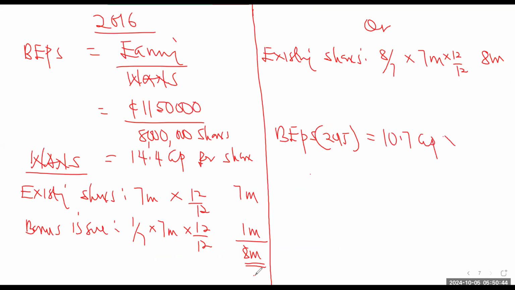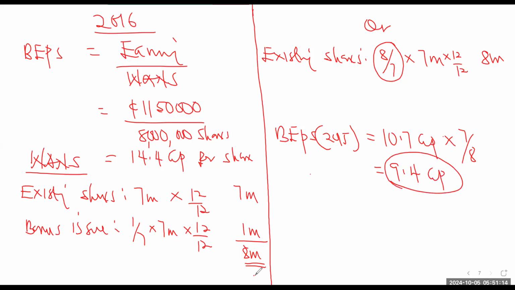So you have to restate this one. That will give us 7 over 8. The bonus issue fraction, which is 8 over 7, you change it down. So what are you going to be having? 9.36, which will give us 9.4 pesos per share.